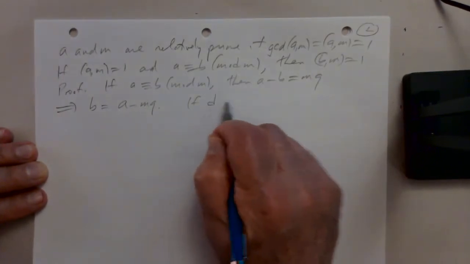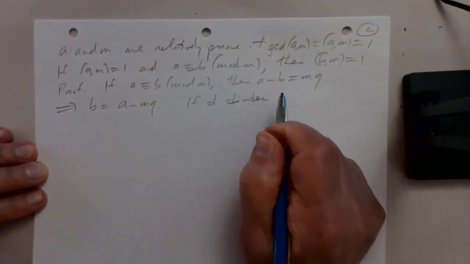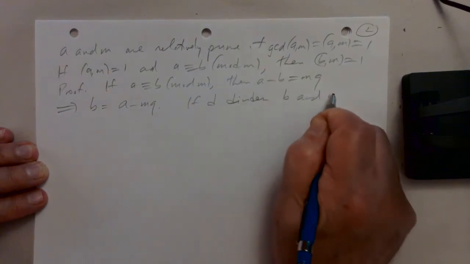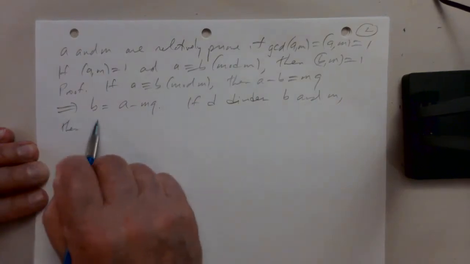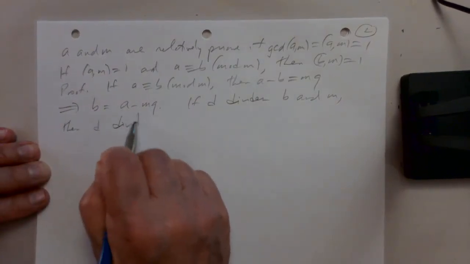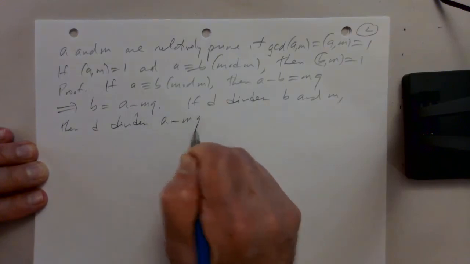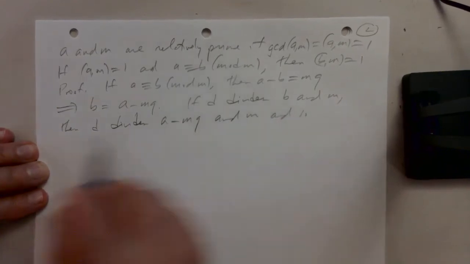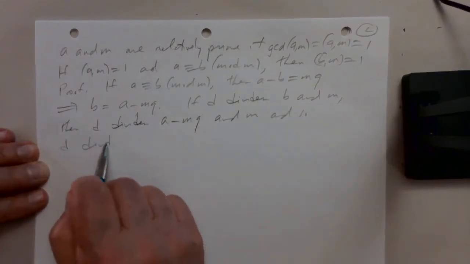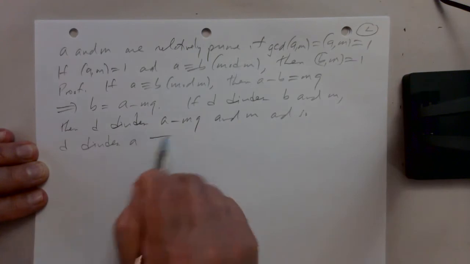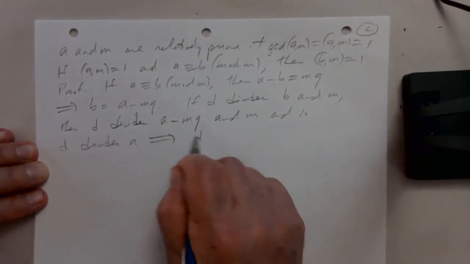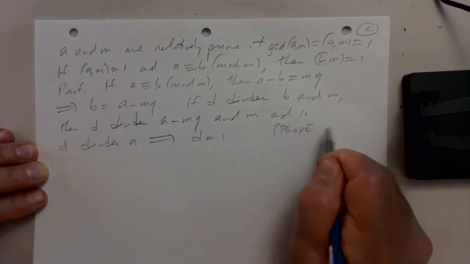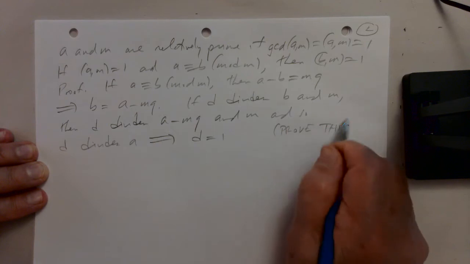If an integer d divides b and m, then d divides a minus mq and m. And so d divides a. So d divides a and m, so d has to equal 1. And it's a nice exercise to prove everything that I just said. Prove this.